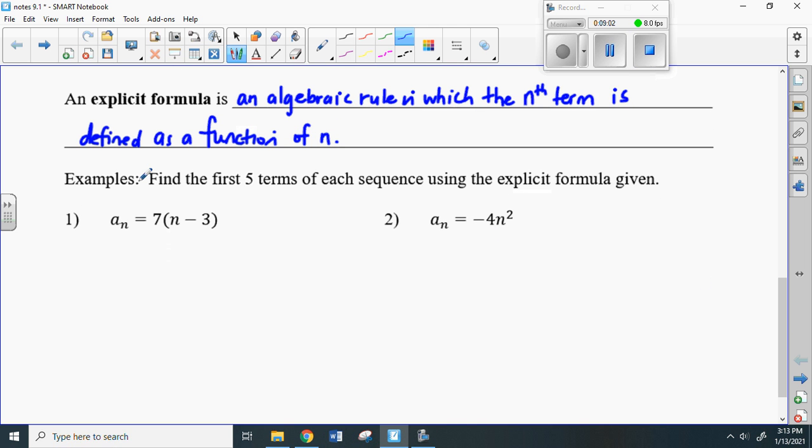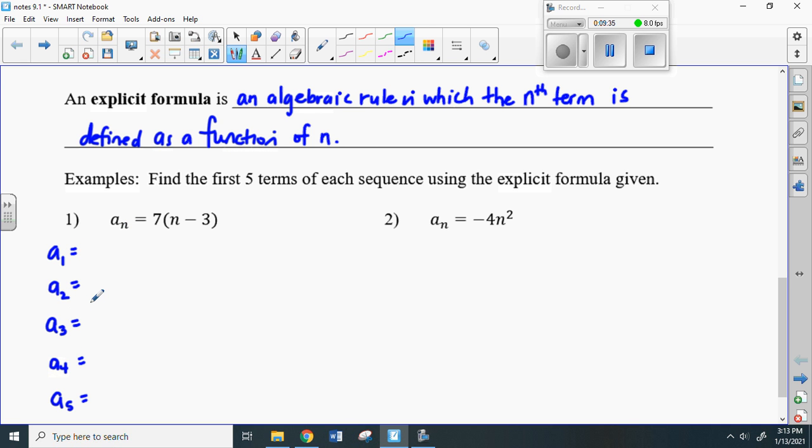All right, these examples say find the first 5 terms of each sequence using the formula. Okay, so think about that. If I want the first 5 terms, that means I want the first term and the second term, third term, fourth term, and 5th term. Now notice what I've done. Instead of saying a sub n, I've literally done a sub 1, 2, 3, 4, and 5.